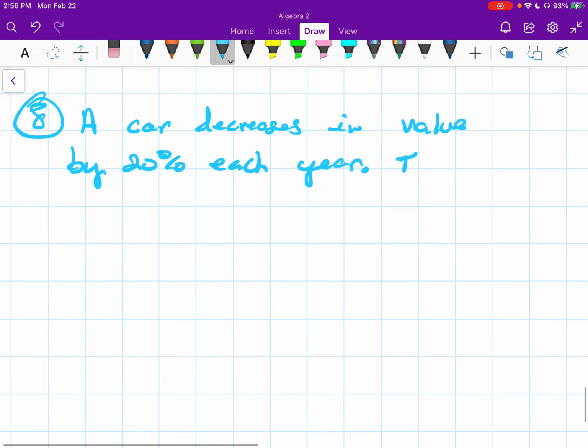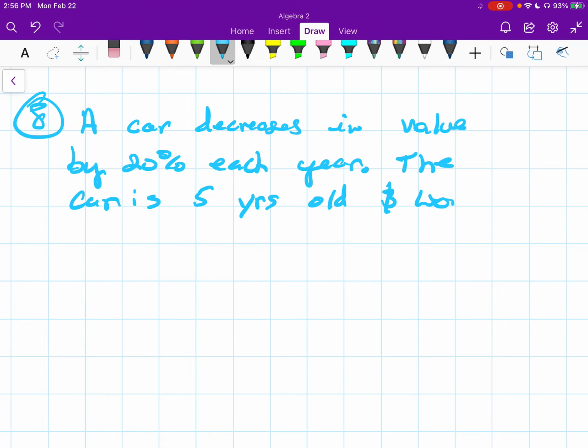The car is 5 years old and worth $11,468.50. What was the original value?